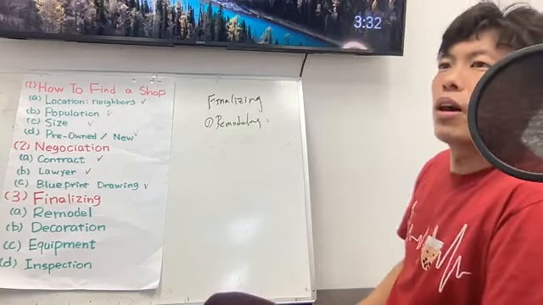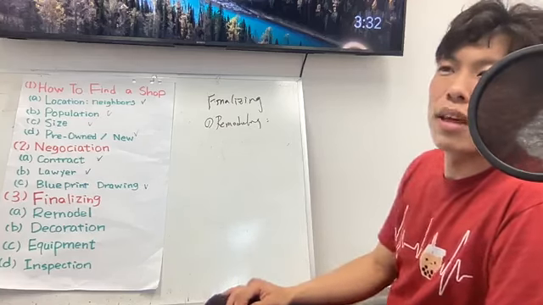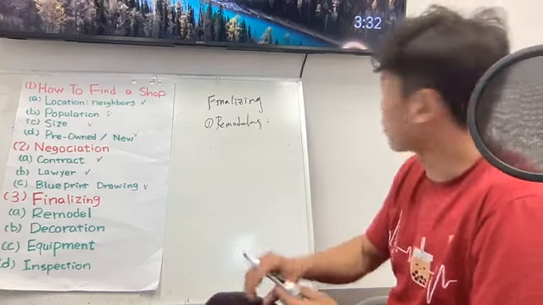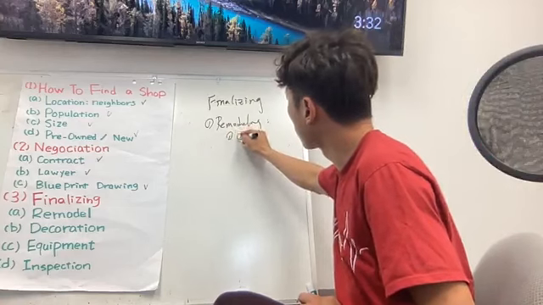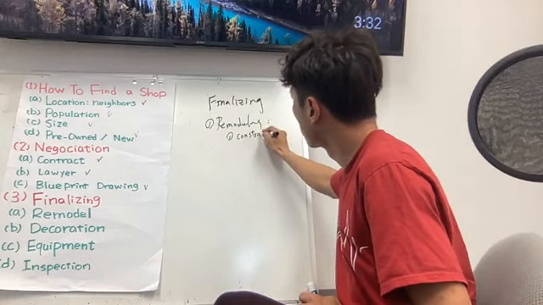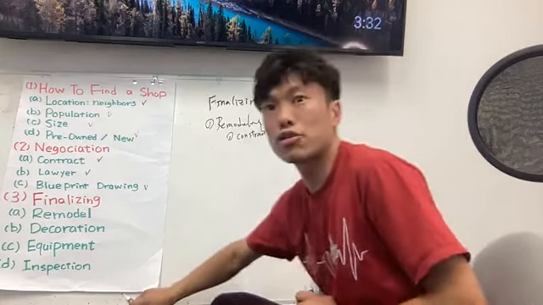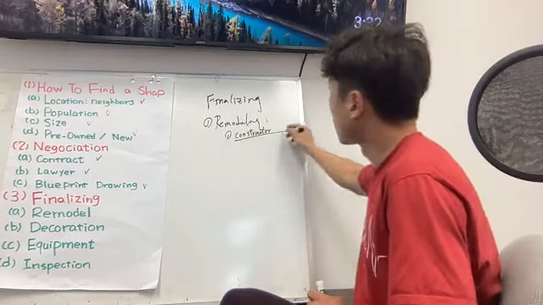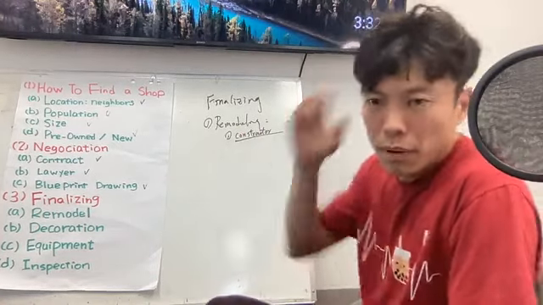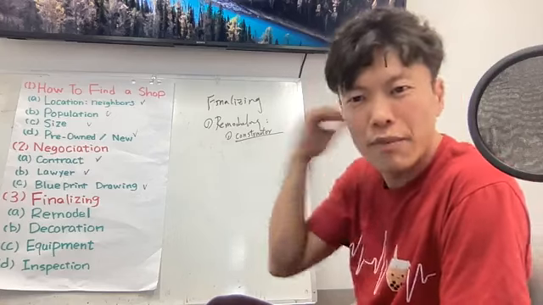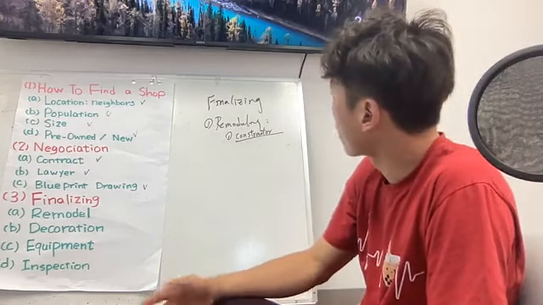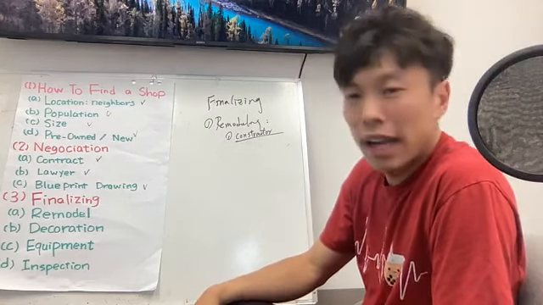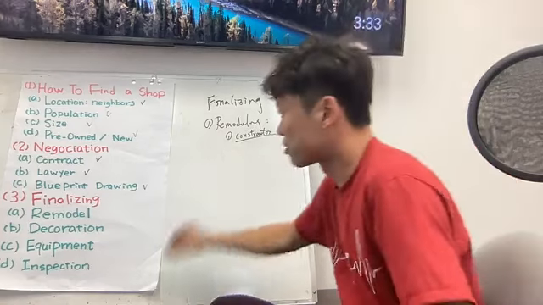For the remodel, there are a lot of things we have to talk about. First, you have to find a really, really good contractor. That is so important. Some people don't have a license. Some people don't have that much experience. Some are lazy, so they will spend a lot of time.